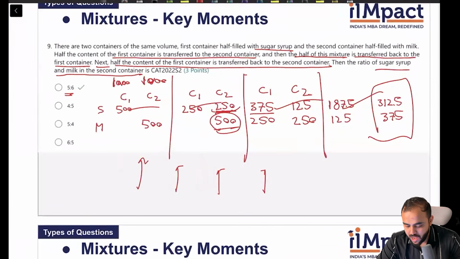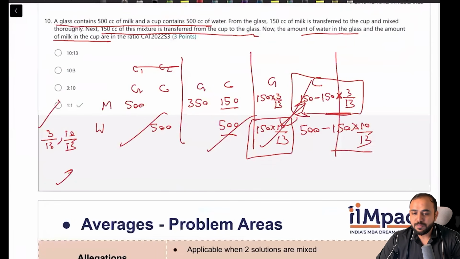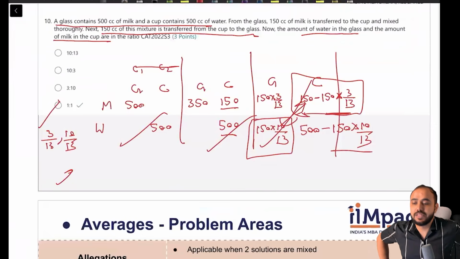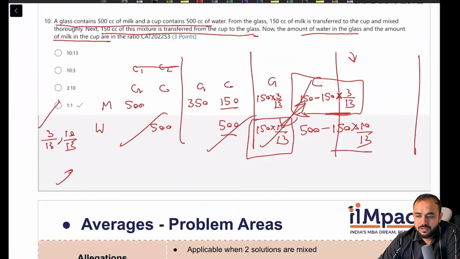So I only had to do half of this getting transferred and half of this getting transferred. In the second one, the proportions were not fixed. They had given the information to you in terms of volume. So extending this further would have meant too much calculations, and because this is 2022, not 2023, they were very off. Okay.